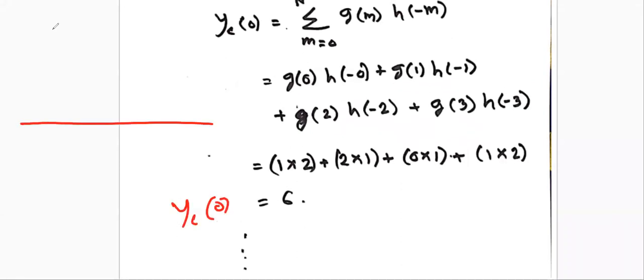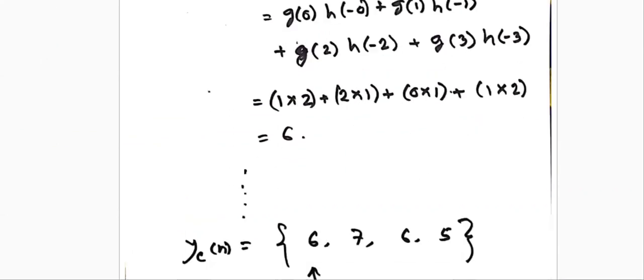YC0 means this is the output YCN. What is the value at the 0th sample? We got that it is 6. So this is 6.